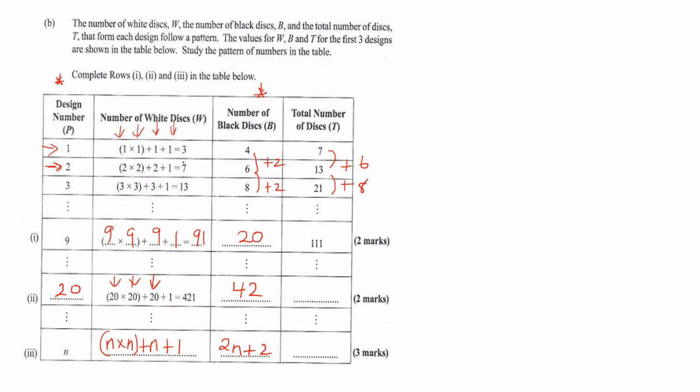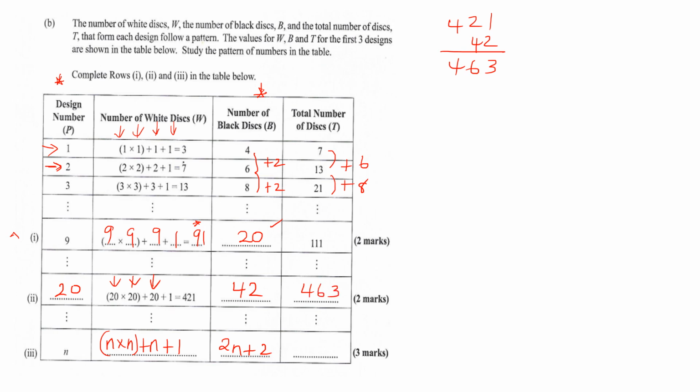If you look here, 91 and 111: if I take 91 from 111, I'm going to get 20. So we're adding the 91 and the 20 to get 111. Let's see, 421 and 42, that is 463.